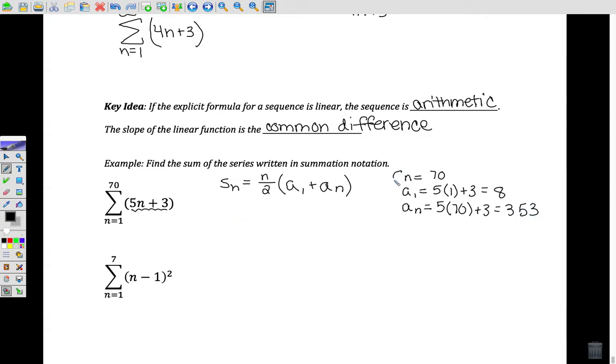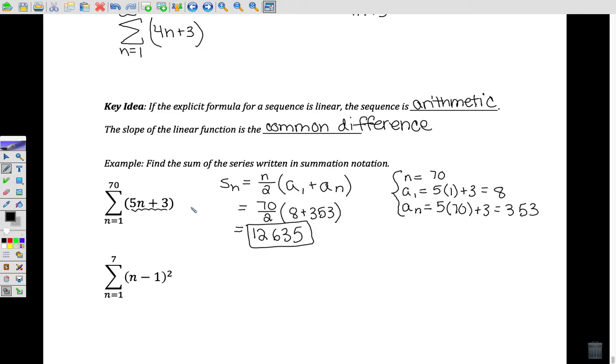Once I know these 3 things, those are the 3 key things, I can plug everything in. So 70 over 2 times 8 plus 353, plug 35 times 361 into our calculator, we should get 12,635.